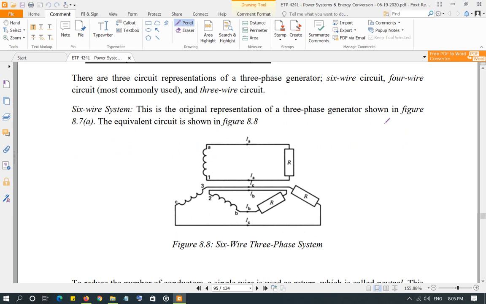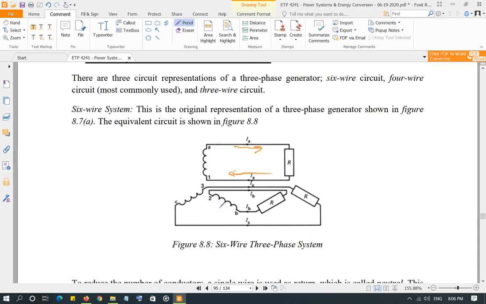The one very common representation, as we will see, is the three-phase four-wire system, but we will start with the three-phase six-wire system. As we saw in the three-phase generator, you have a loop of wire for each phase, and that's how this circuit is being drawn. So you have phase A, current is going towards the load, and then on the return wire current is coming back to the coil, basically, in which the voltage is induced.